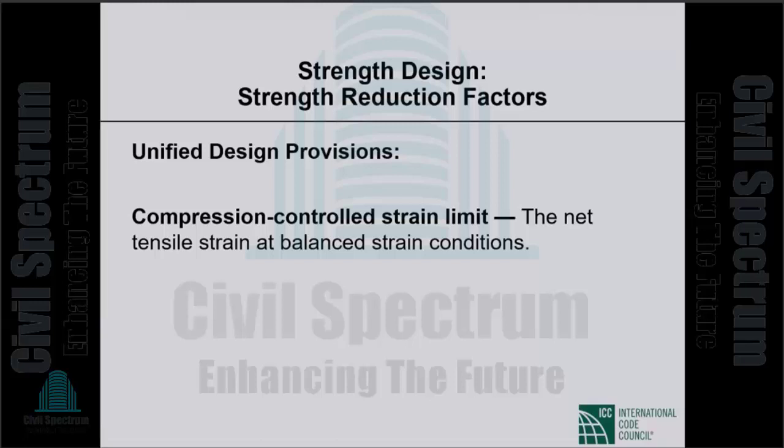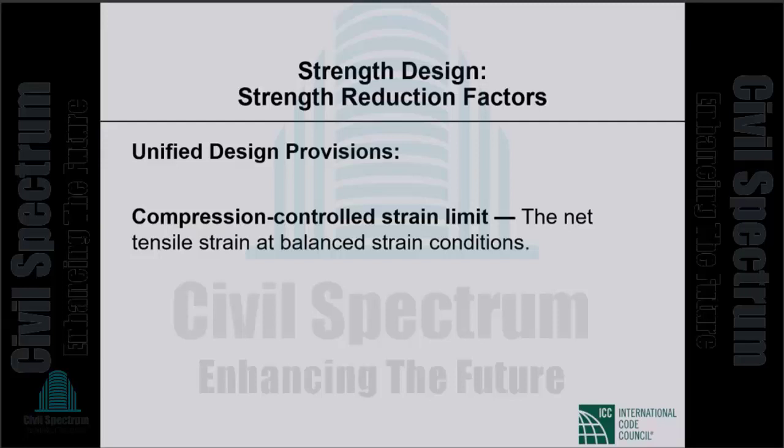Now, in these unified design provisions, we have net tensile strain, and then we talk about the compression controlled strain limit, the net tensile strain at balanced strain condition. Balanced strain condition means the reinforcement yields at precisely the same moment that the concrete compression fiber reaches a strain of 0.003.